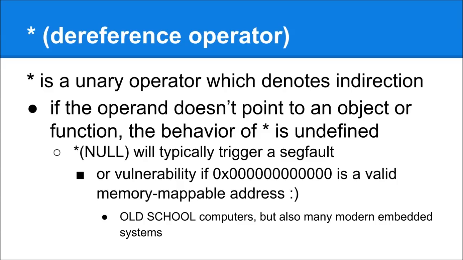And so if you use it as an operator on a null pointer, it will typically trigger a segfault trying to dereference 00000 and point at the value there. Usually you won't have memory permissions there. But if it is a memory mappable address, you do have memory permissions, like in many old school systems and most modern embedded systems. This is a vulnerability.